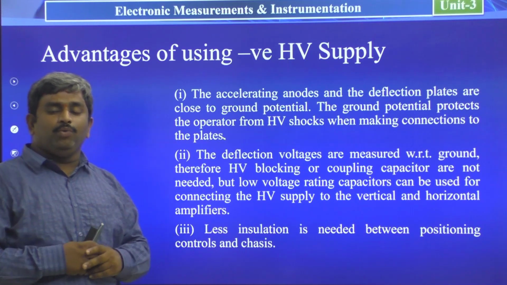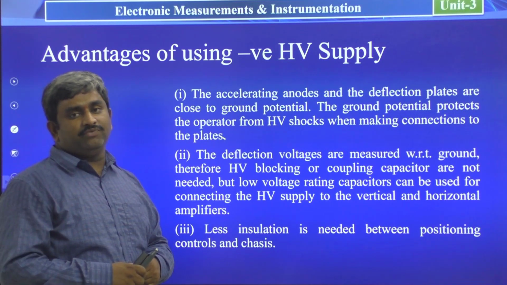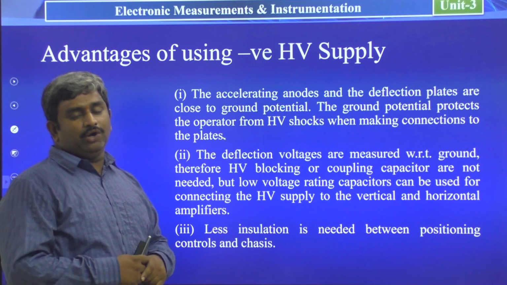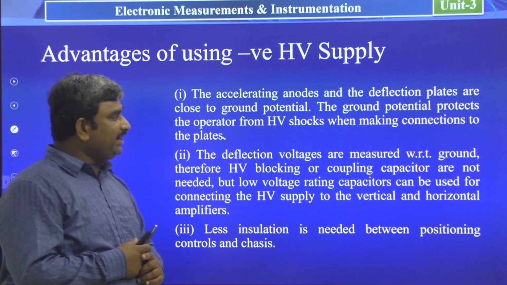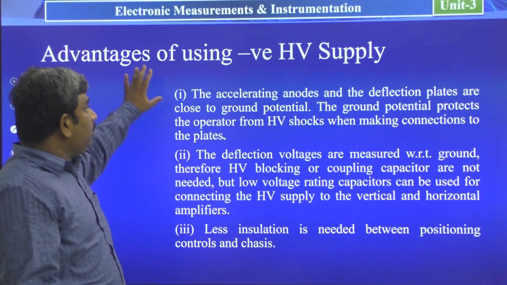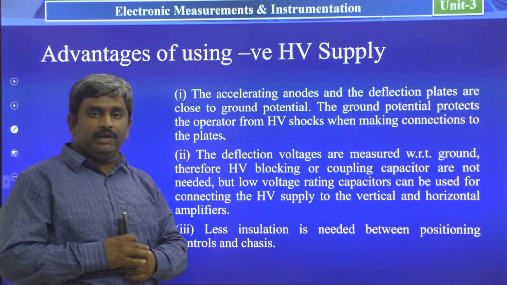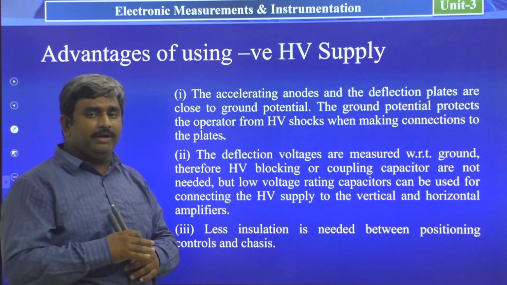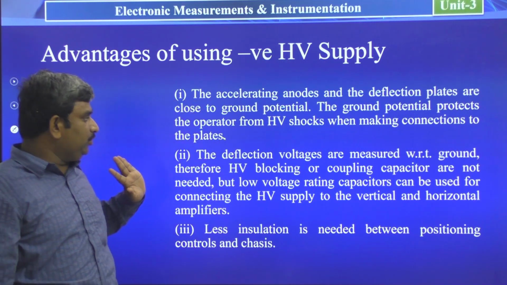So when you are going to protect the circuitry, you have to make some very important and very necessary ground connections to protect our circuit. So this negative supply will protect the complete circuit without disturbing the other circuits.